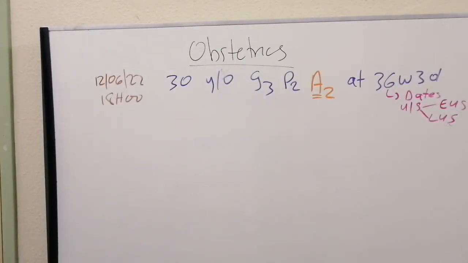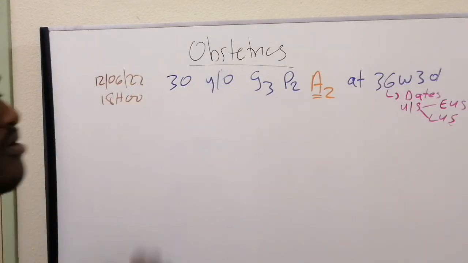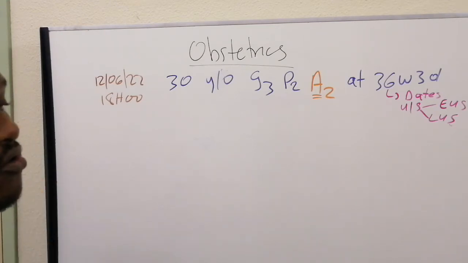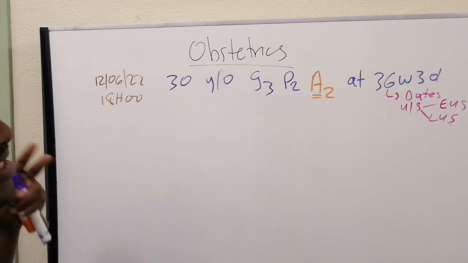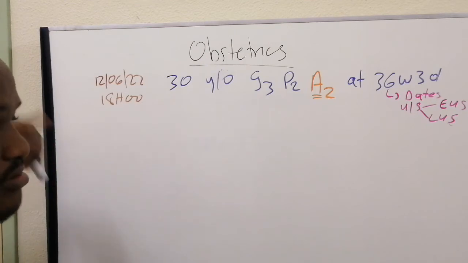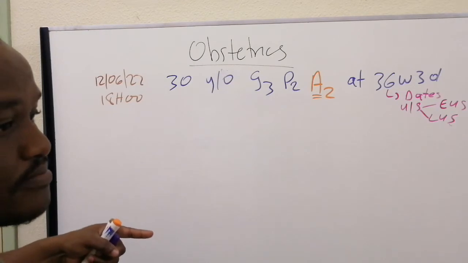When you're presenting these patients, once you say, I'm presenting a 30-year-old G3P2A2 at 36 weeks, 3 days, and then you move on to other things, they will bring you back. Even when you're in an exam setting, don't leave pockets where they can come in and disrupt your whole presentation. Because the earlier they disrupt you, you're just gonna panic, and then your exam is just gonna take another direction.